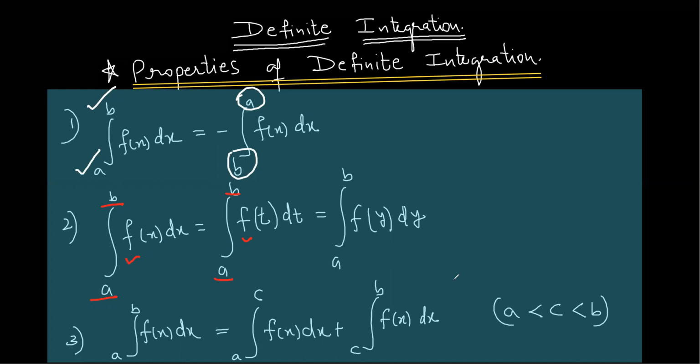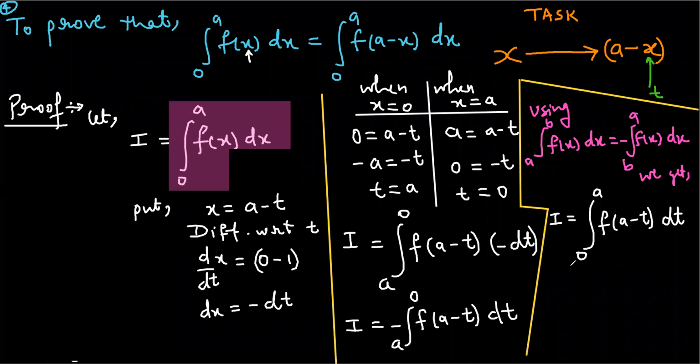So when I use this property here, I write using a to b f of x dx is equal to a to b f of t dt.